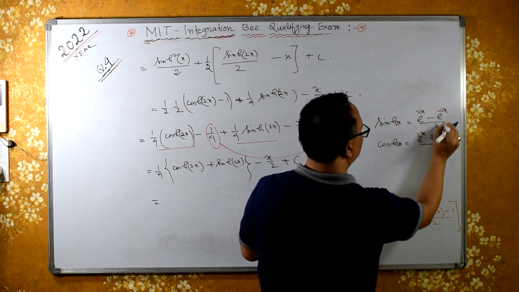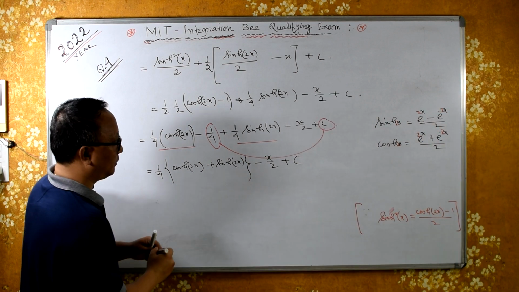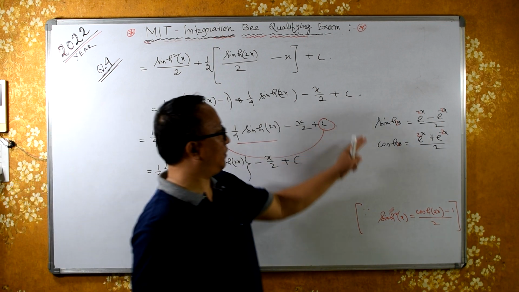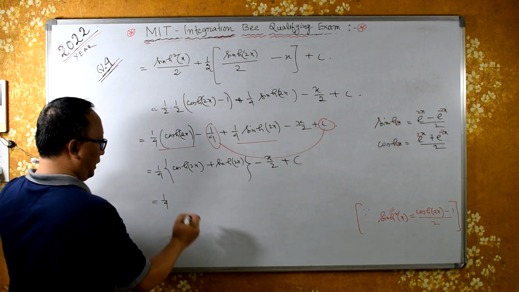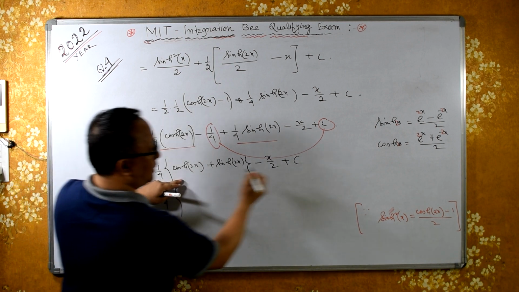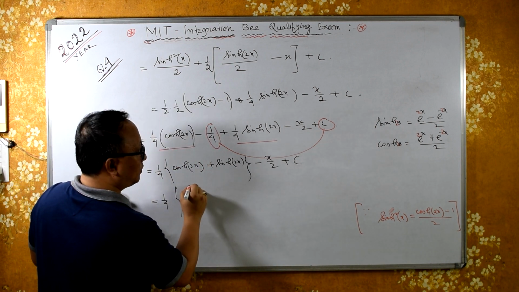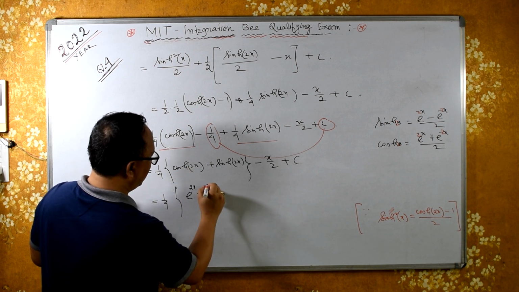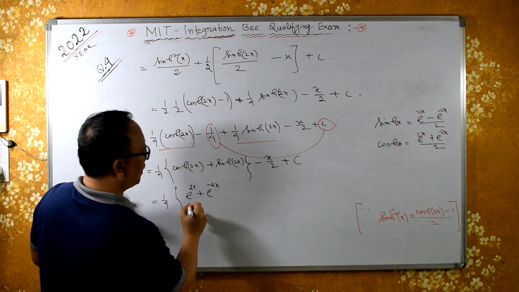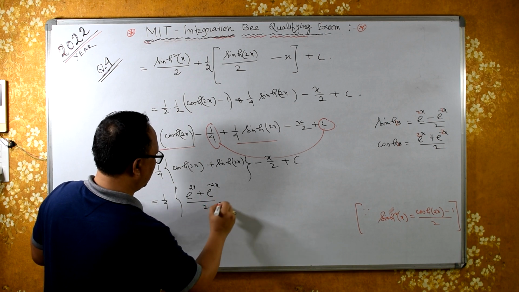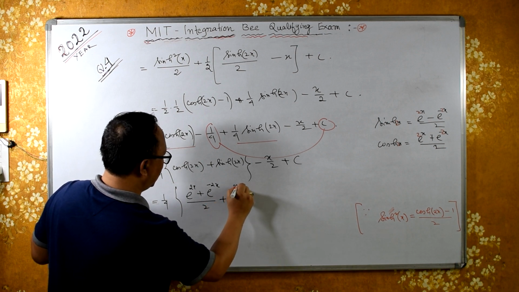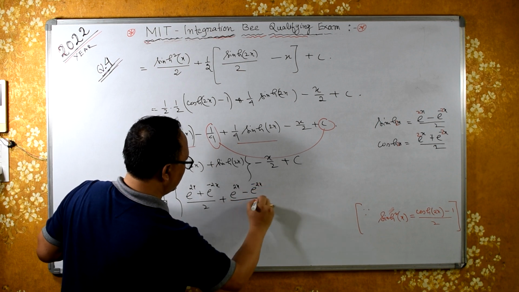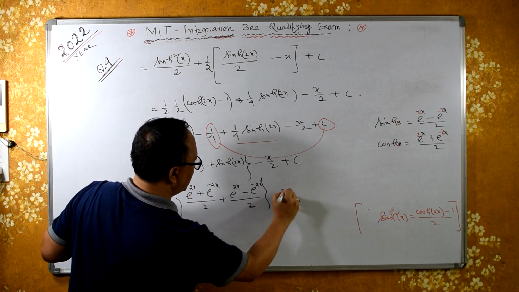Now it is equal to 1 by 4. Let's use these in terms of e. Cosh 2x is (e^(2x) plus e^(-2x)) upon 2, plus sinh 2x, which is (e^(2x) minus e^(-2x)) upon 2, minus x by 2, plus some constant.